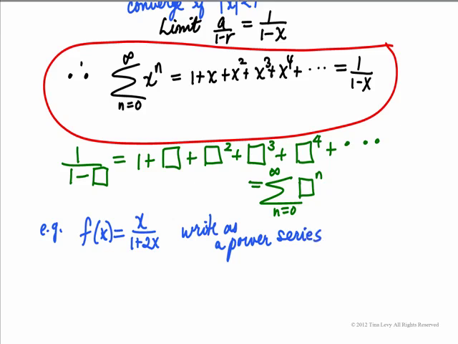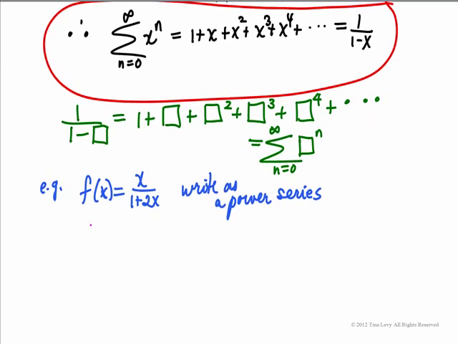To start with, I'm going to look at the function 1 over 1 plus 2x. I want to put that in this series representation. But this has a minus sign here, so I can write it as 1 minus something. I can get that if I put a negative 2x in here.